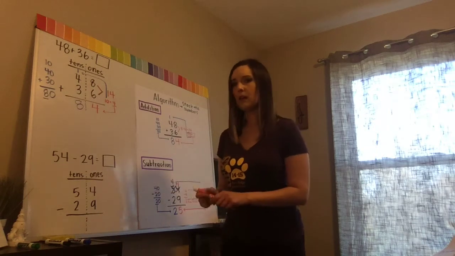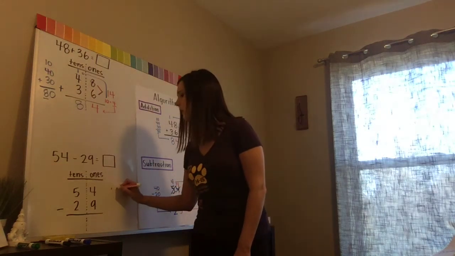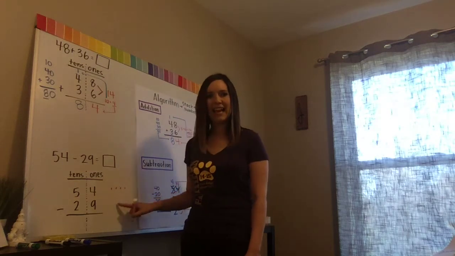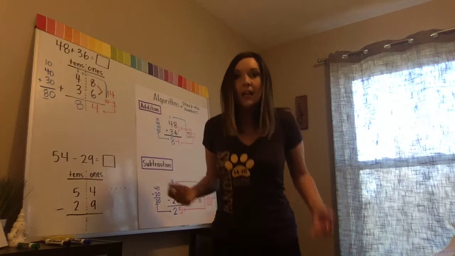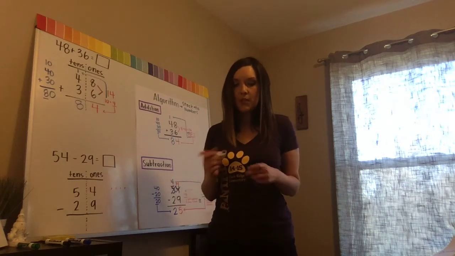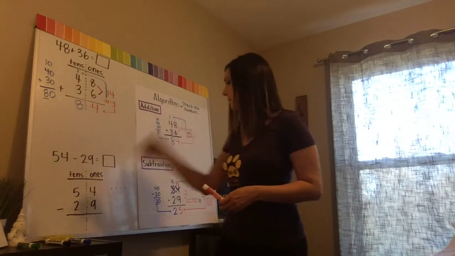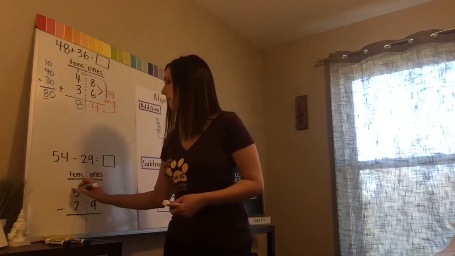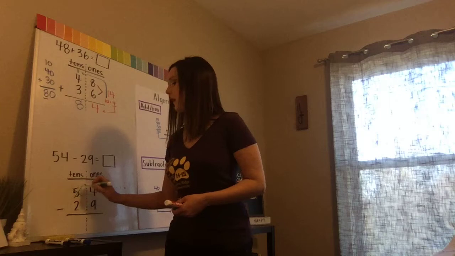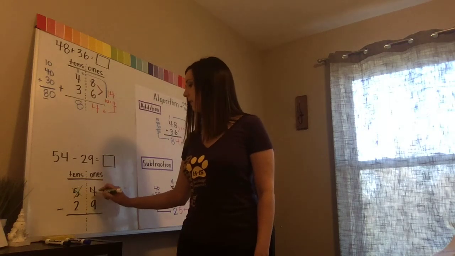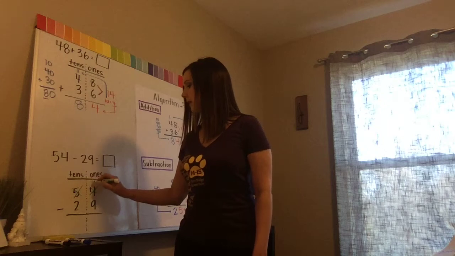And I think to myself, if I have 4 of something in my ones column, can I take 9 away from it? No, I don't have enough. So what I need to do is go over to my tens column, and I'm going to take a group of 10 and move it over to my ones column.